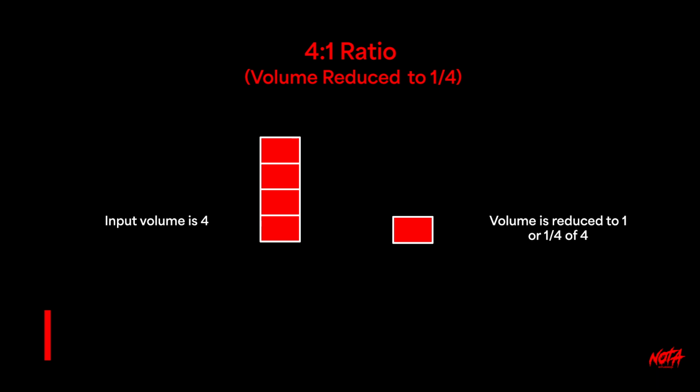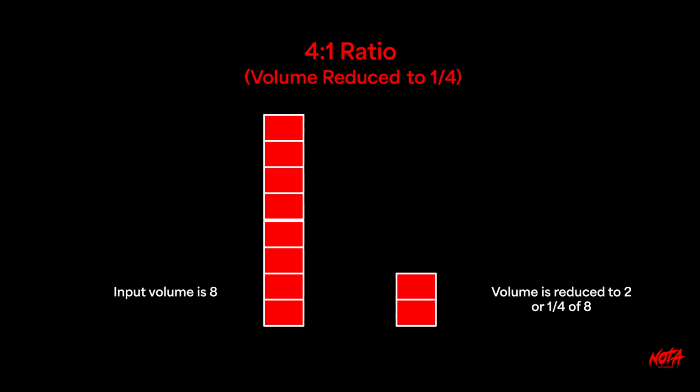If I have 4 decibels of input and 1 decibel of output, then I've reduced my volume to 1/4 of the original volume, or 1 over 4. You can do this for every ratio. For a 10 to 1 ratio, the compressor will reduce my volume down to 1/10 of what the original volume was. Hopefully that helps you out. That is the simplest way that I can think of to explain ratios.